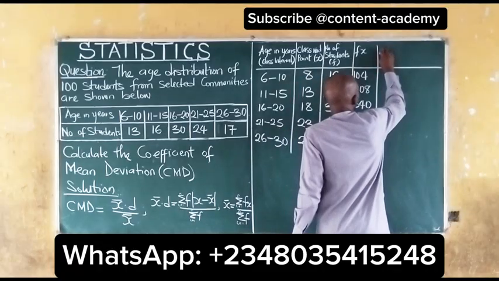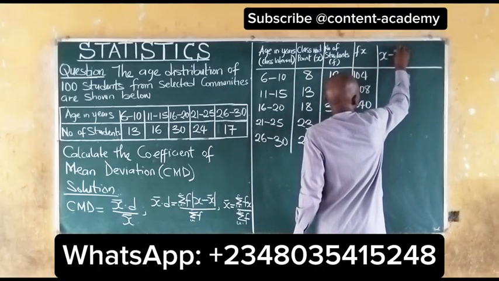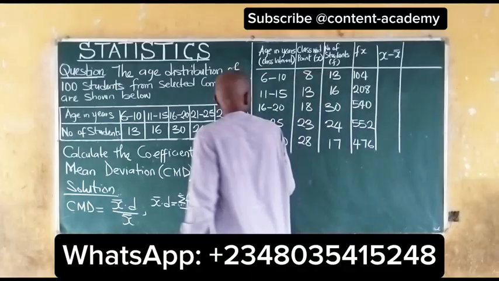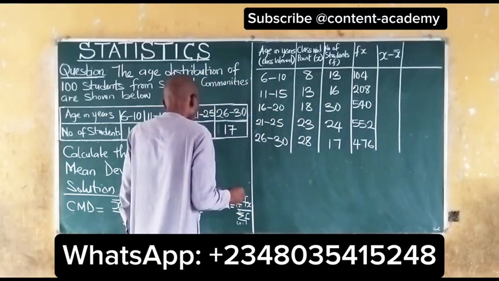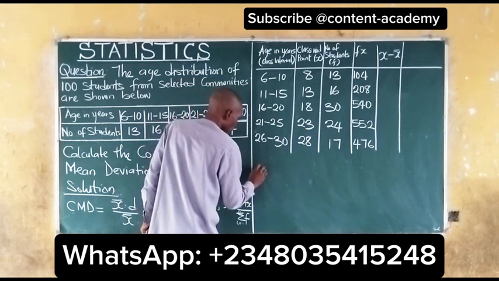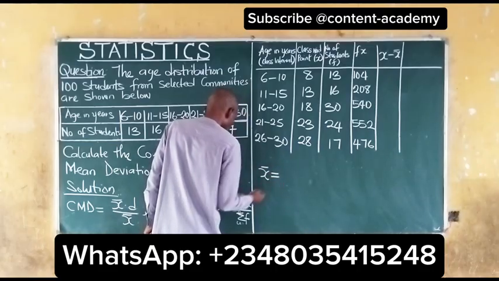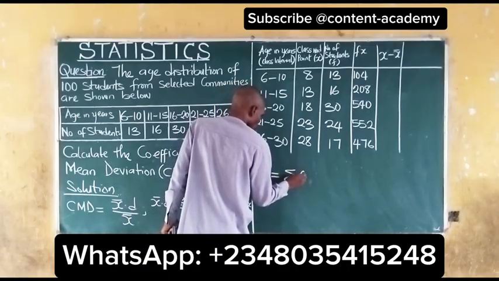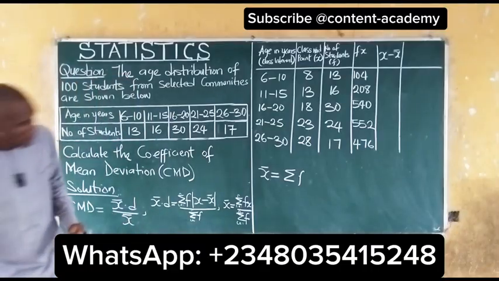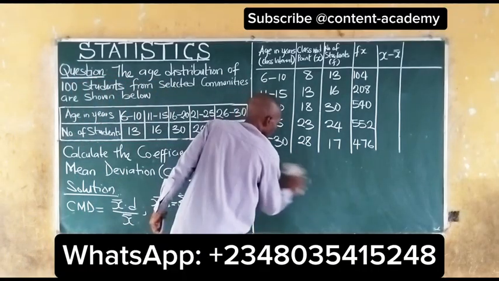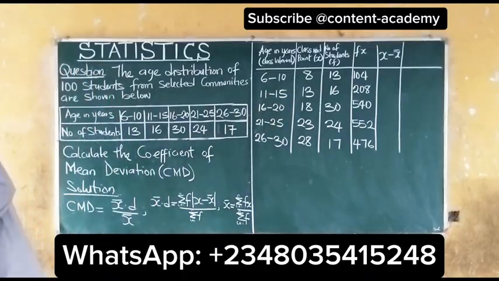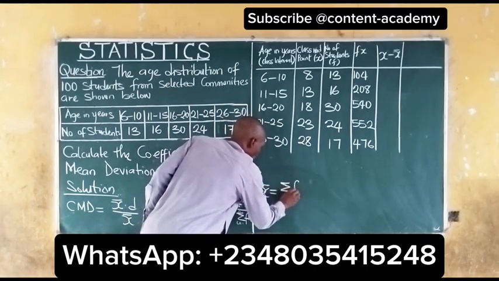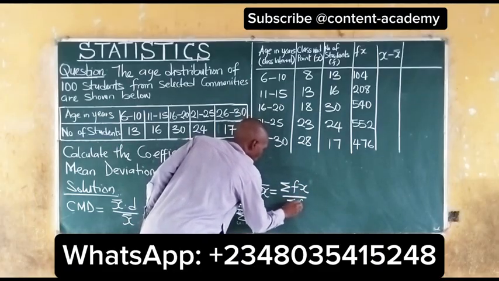So what is our x bar? We don't know. Our x bar is the mean. So we'll first put our mean, which is x bar, equal to summation of f of x all over summation of f.